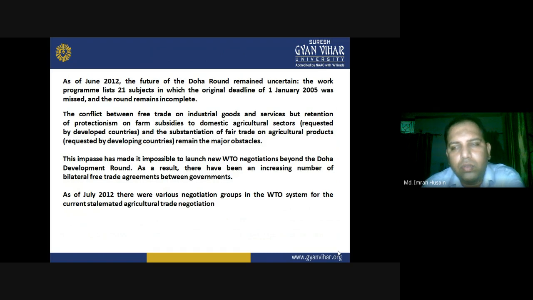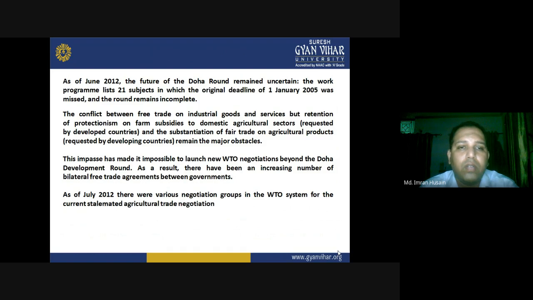As of June 2012, the future of the Doha Round remained uncertain. The work program lists 21 subjects in which the original deadline of 1st January 2005 was missed, and the round remains incomplete.